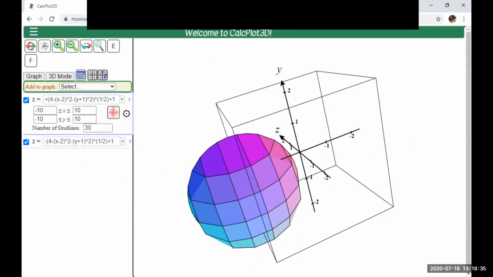But if you really look at it, it's really close to a sphere. It's really hard to see that it's not a sphere. The Earth is also very, very close to a sphere.